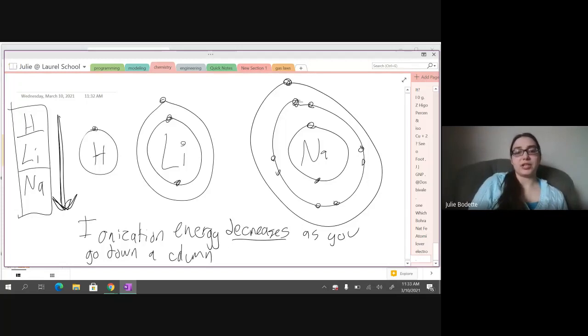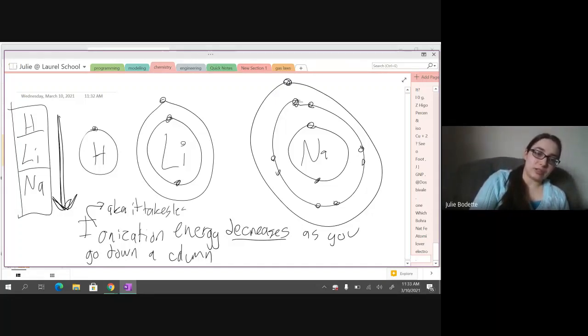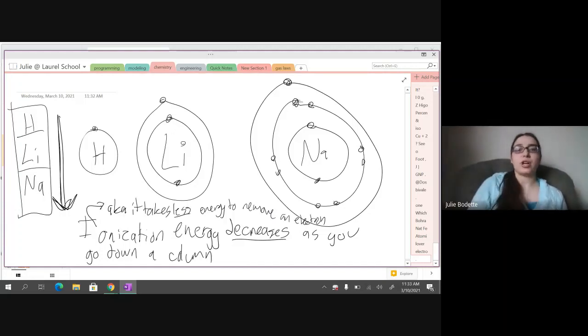When I say ionization energy decreases, what I'm saying is it takes less energy to remove an electron, right? Let's go ahead and write that. AKA it takes less energy to remove an electron. So why would it be easier to get rid of this electron than this one or this one?